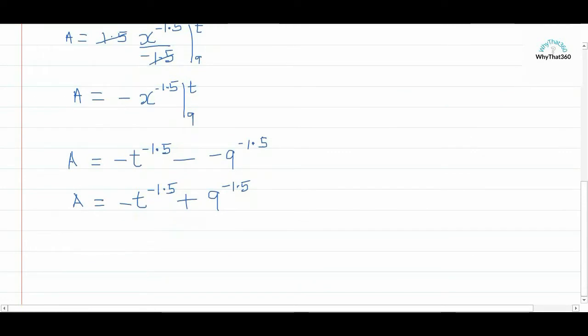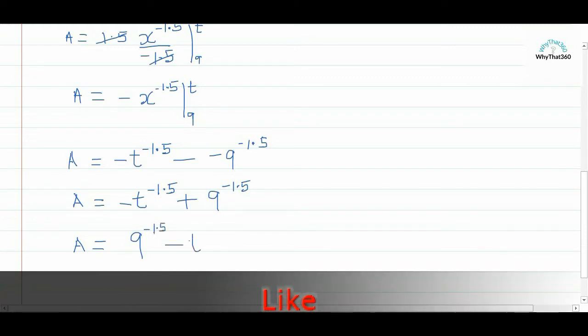And we can say that the area which the question says we should find is equal to either this expression up here, that's negative t to the power negative 1.5 plus 9 raised to the power negative 1.5, or we can also write it as 9 to the power negative 1.5 minus t to the power negative 1.5.